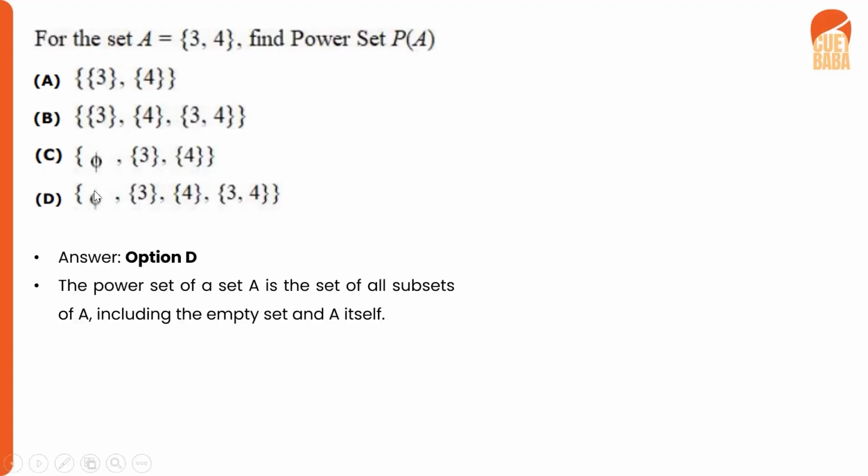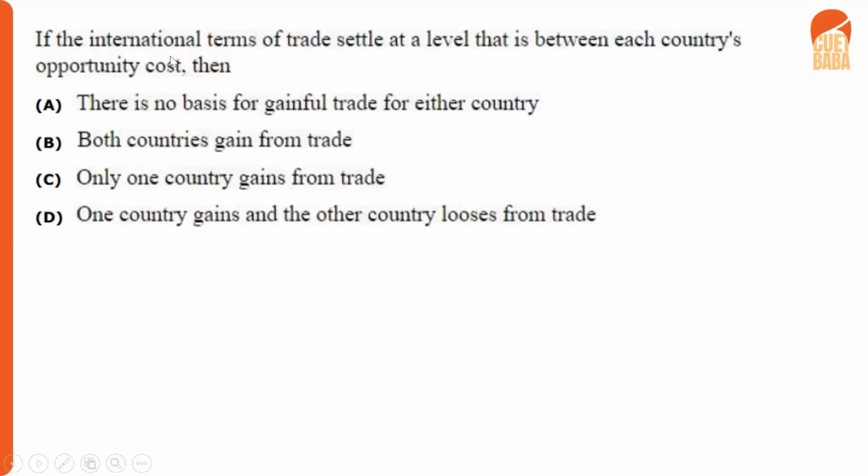So that's why we have the null, that is the empty set, as well as A and everything together. So here we have option D, that shows the power set. So remember, whenever they are asking for the power set, it would include the empty set, the A, and everything inside it as well.